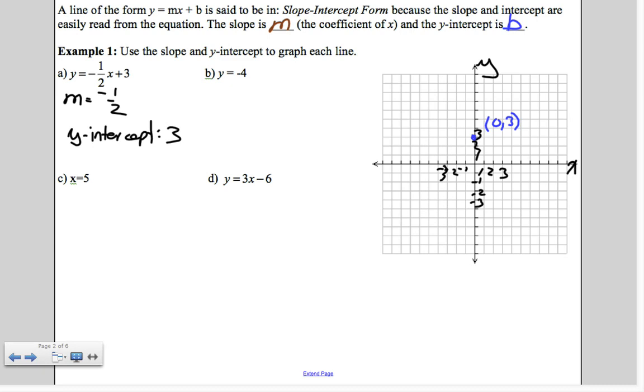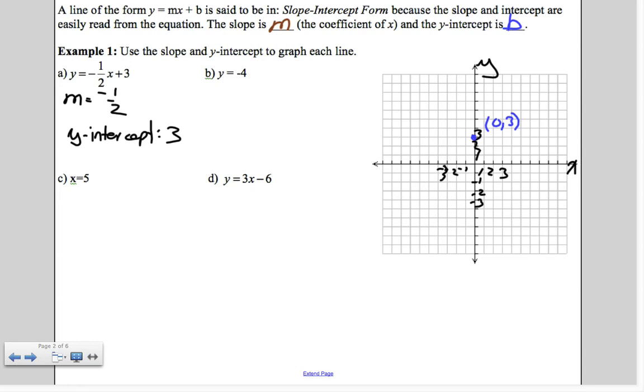Why won't we just start with the slope? It's the first part of the equation. Yeah, we need a starting point. Slope doesn't give us a starting point, right? It gives us a relationship between the points, but we need a starting point. So now that we have a starting point, can we get to the next point on here?